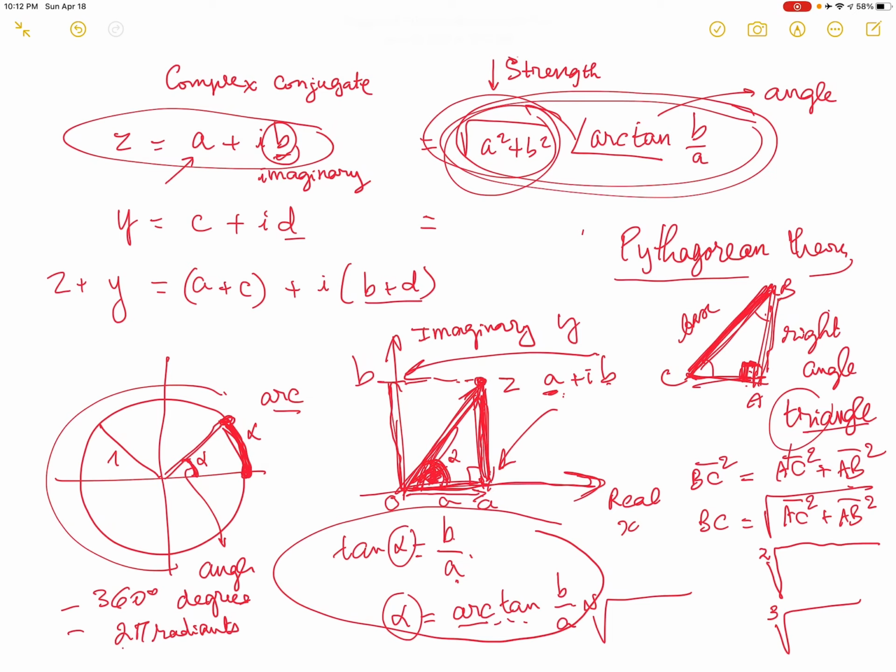In engineering, most likely you end up using 2 pi. And pi here is a special notation for a transcendental number, which means you cannot write it down completely. It starts with some number like 3.14159 and so on.